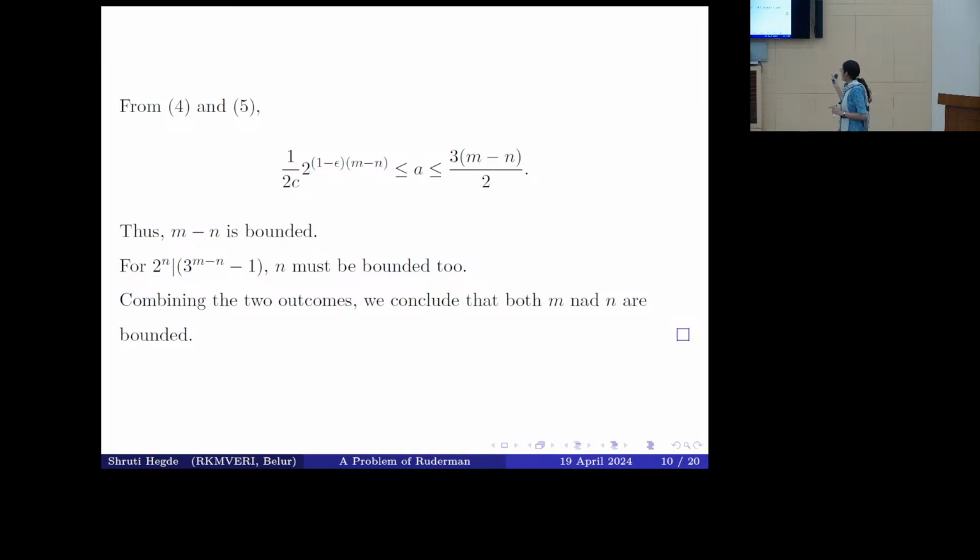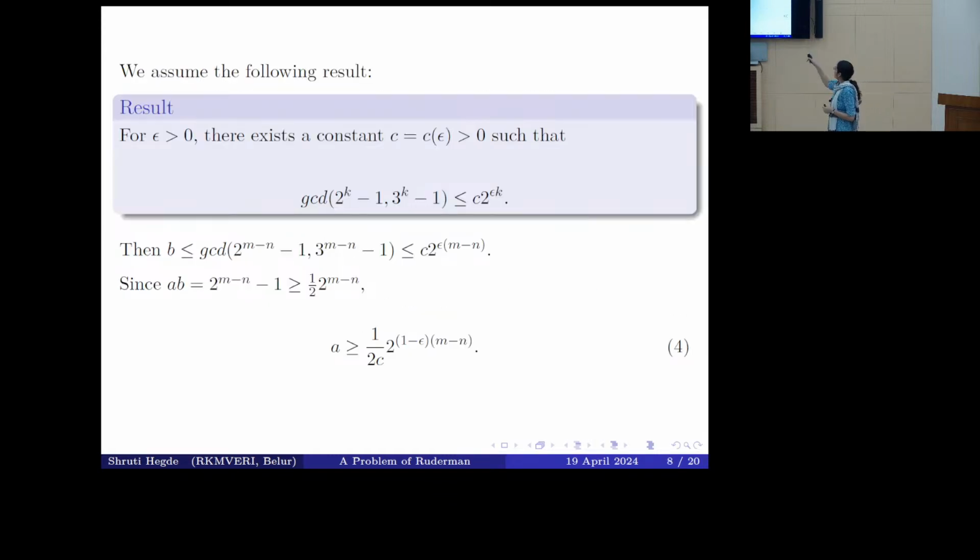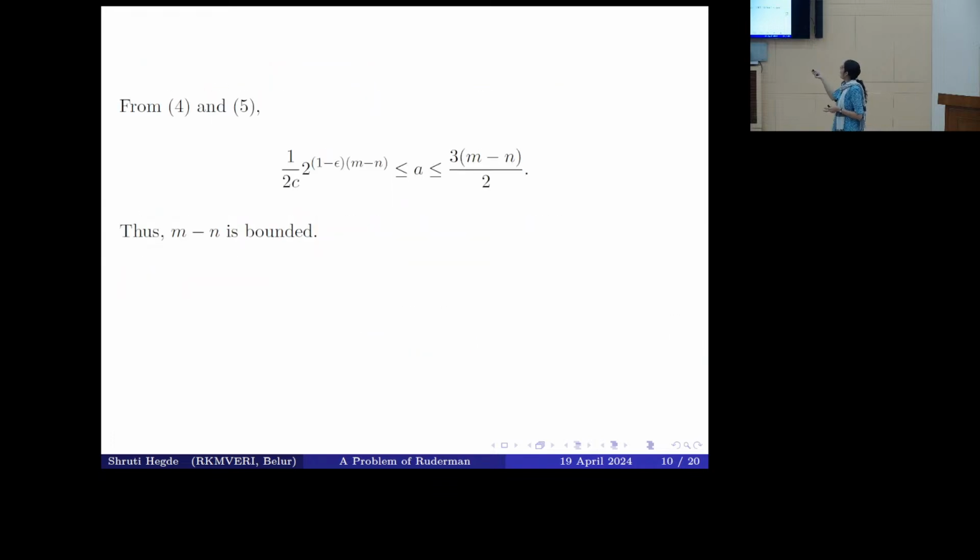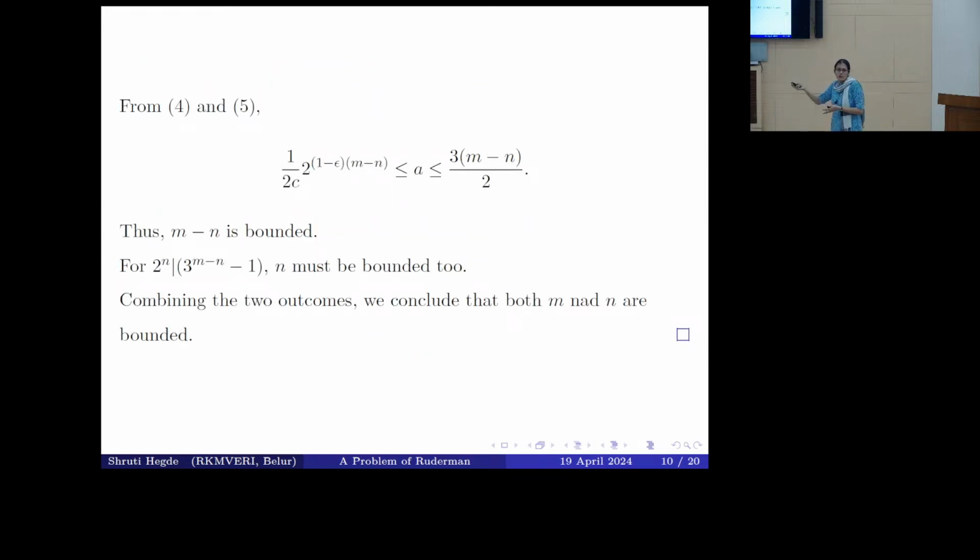But the question is, how finite, right? We are saying that m and n are bounded, but we cannot give an effective bound for m and n, because the constant that is used in this assumed result is ineffective. Ineffective means it cannot be computed, it cannot be calculated. It depends on epsilon, but cannot be calculated. As a result, we cannot say what the bounds on m and n are.